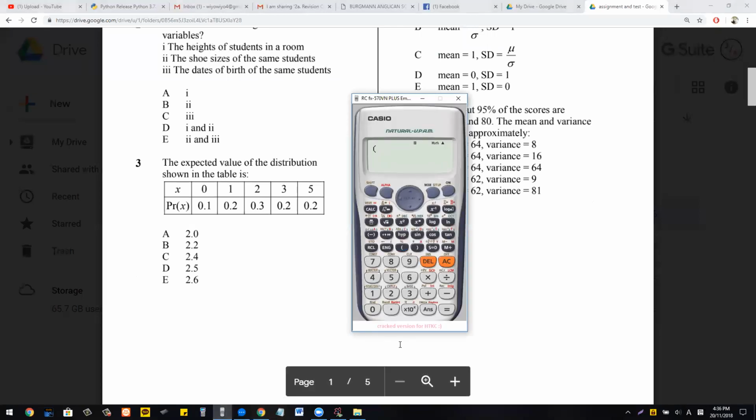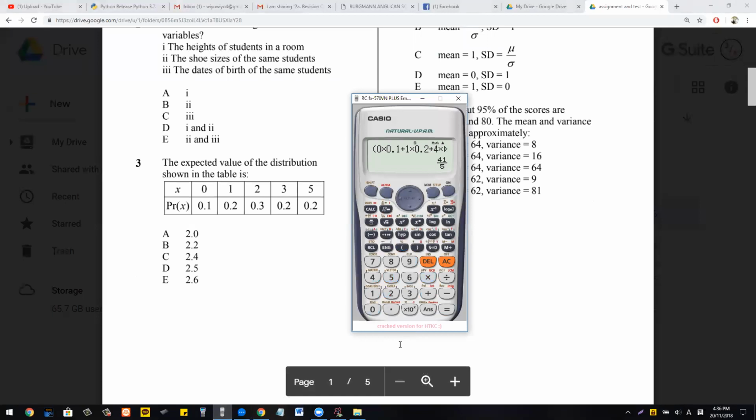So bracket 0 times by 0.1 plus 1 squared times 0.2. Yep. Plus 4 times by 0.3, plus 9 times by 0.2, right? Yep, etc. And then plus 25 times by 0.2, right?